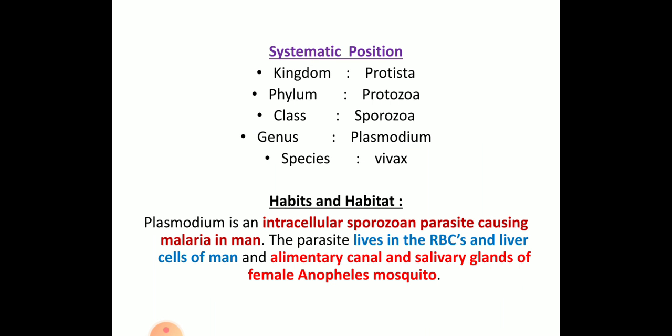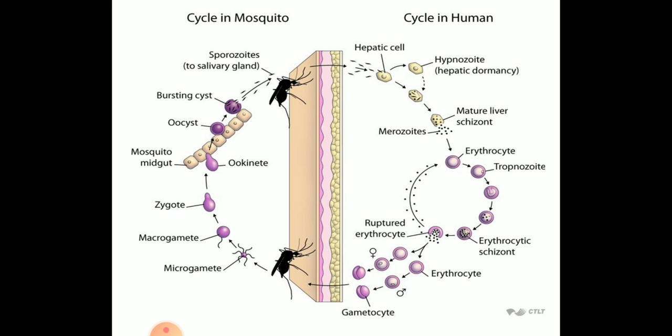The sporozoans are transmitted by the female Anopheles mosquito. So this is the cycle.